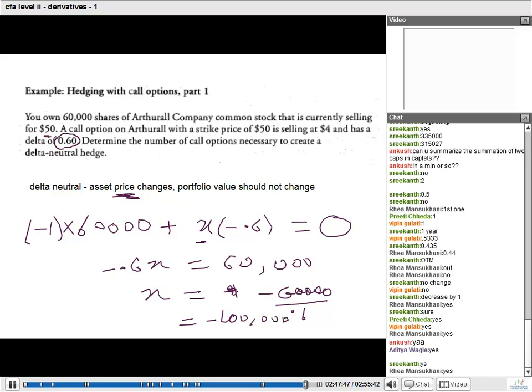That means you should short. I said buy X options, you should sell 100,000 call options. Sell 100,000 call options to create a delta neutral hedge. Why? Because when the stock falls by $1 or your portfolio loses $60,000, the 100,000 call options will gain $60,000.